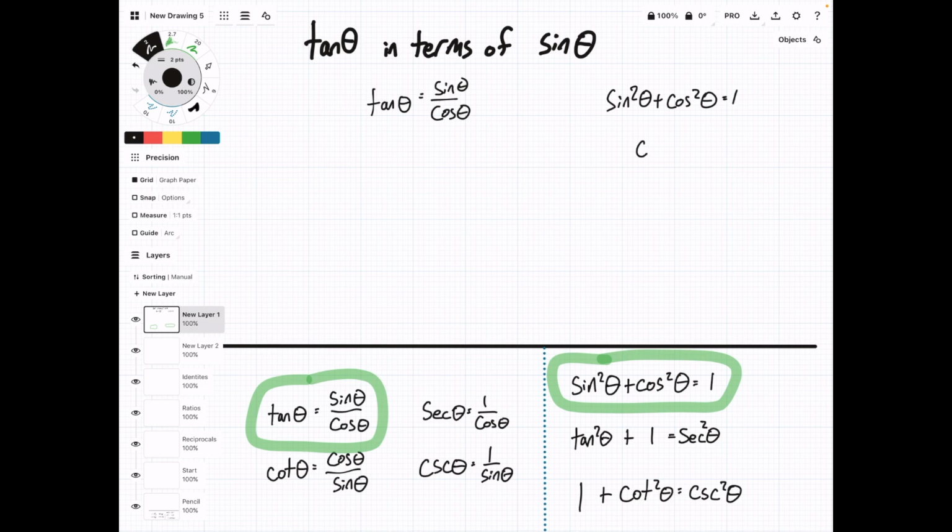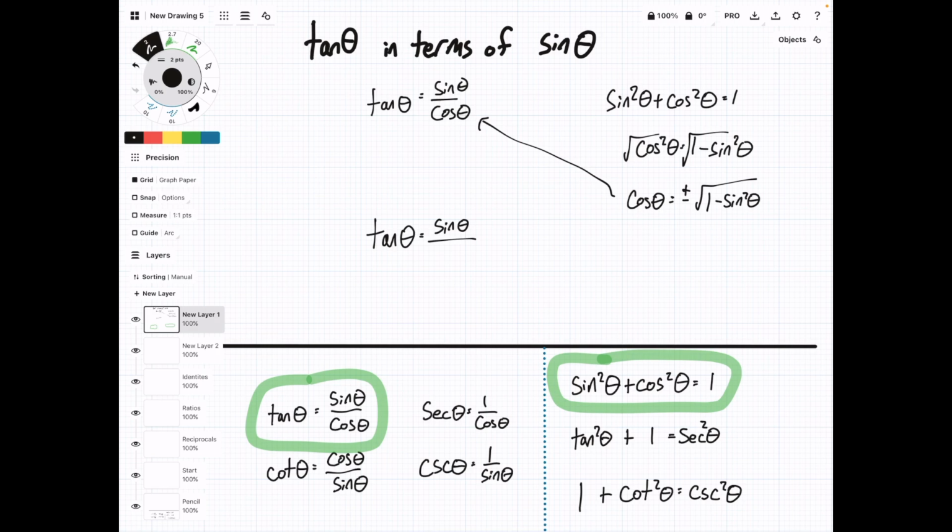Now we're going to solve for cosine. So cosine squared theta equals 1 minus sine squared theta, square root each side. Cosine of theta equals plus or minus square root of 1 minus sine squared theta. And then we're going to plug it in here. So then tangent theta is equal to sine of theta over plus or minus square root of 1 minus sine squared theta.